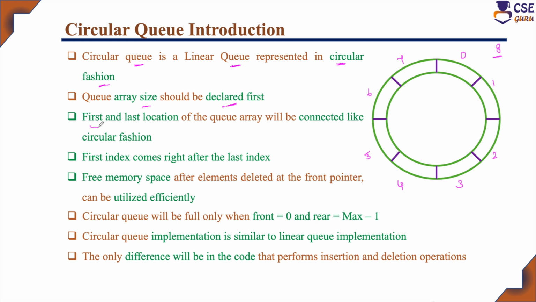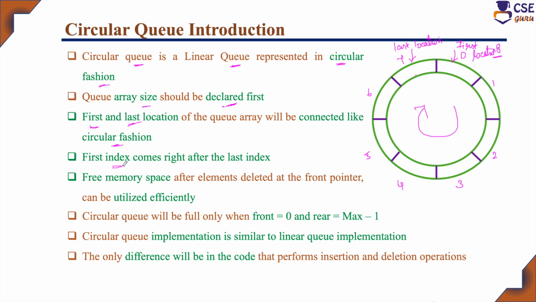The first location is 0 and the last location is max minus 1. The first and last location of the queue array will be connected in circular fashion.